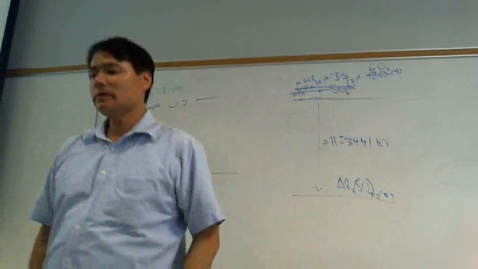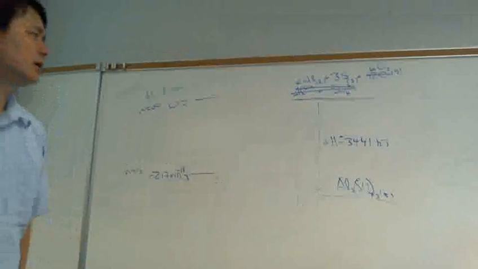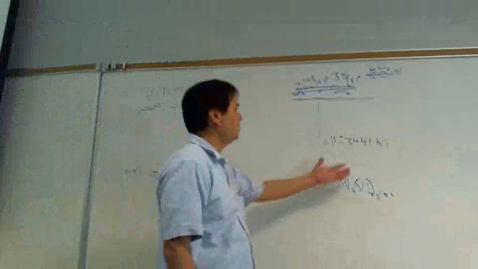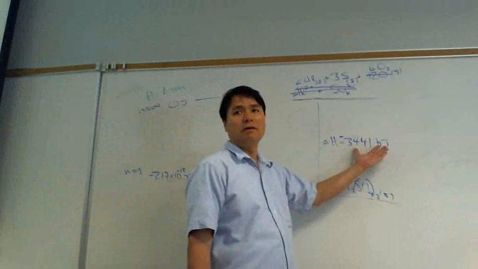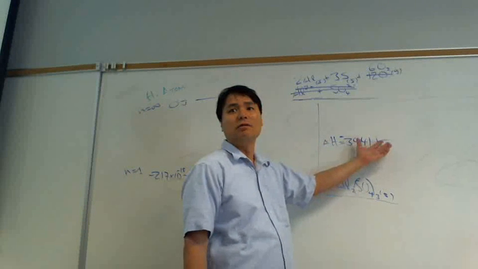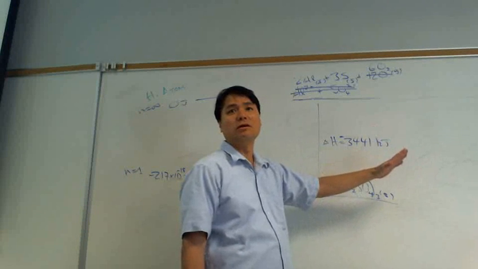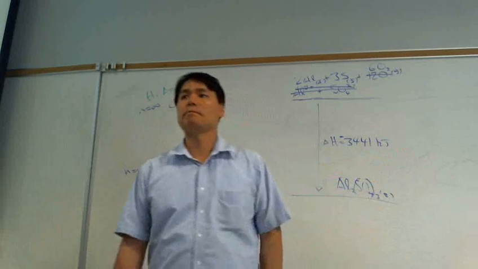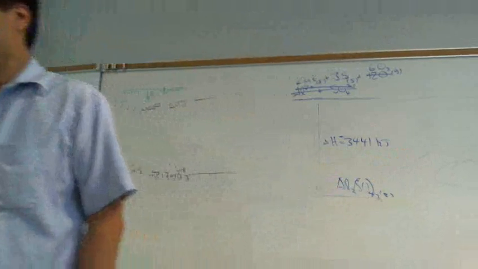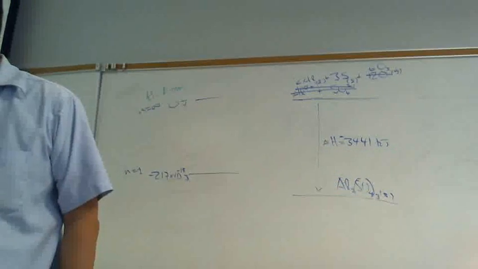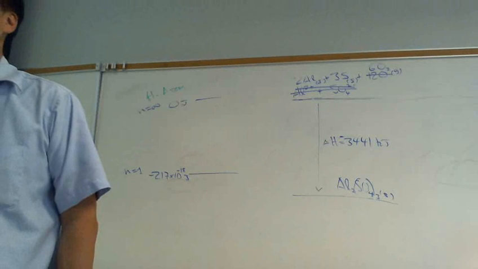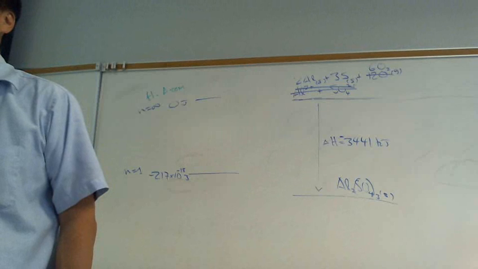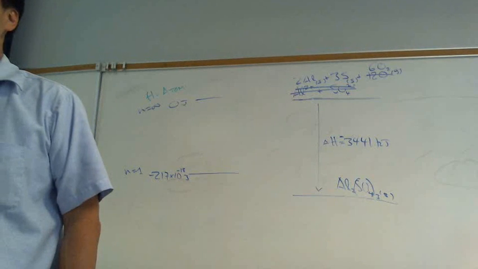So there's going to be a lot of heat release. Actually, the amount of heat released in this is going to be minus 3441 kilojoules, right? And so what exactly is delta H? Is delta H always the amount of heat?